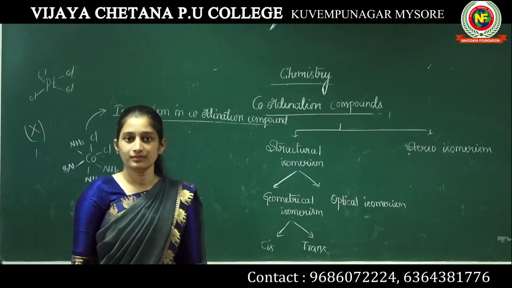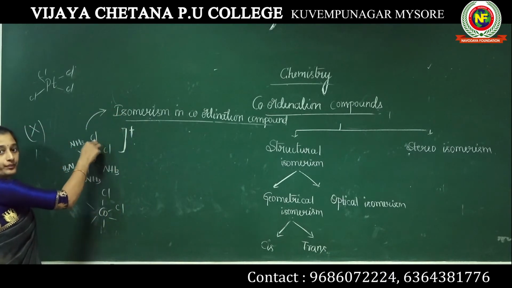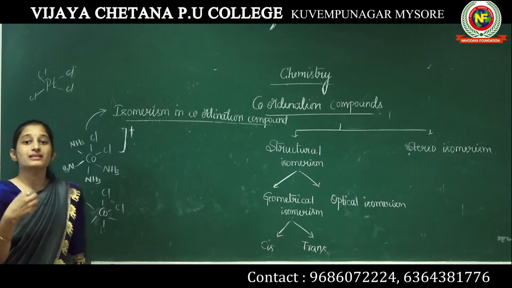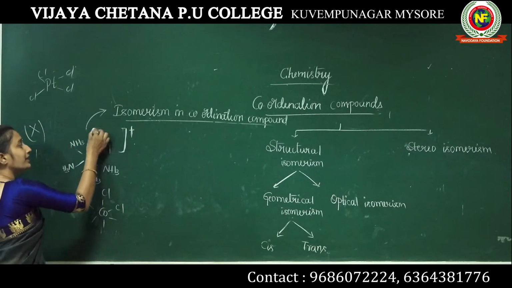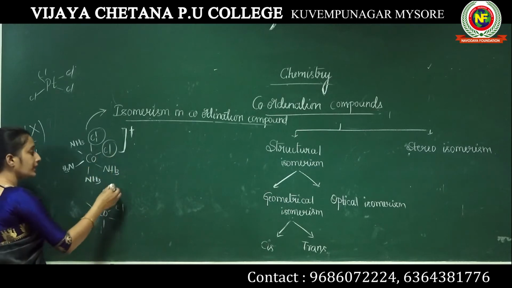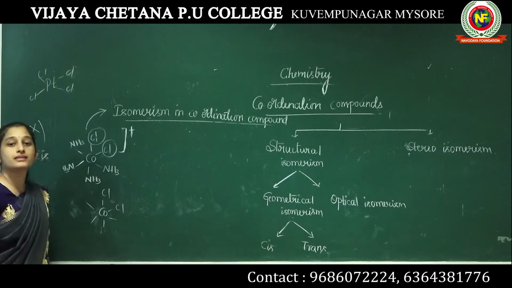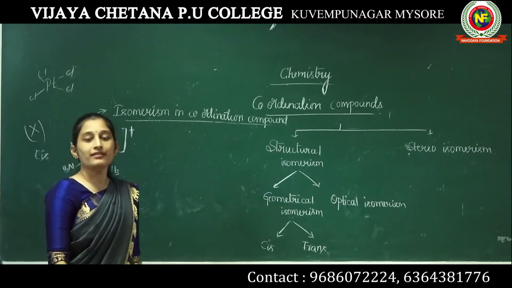The two that differ are Cl. Here two Cls are adjacent. Adjacent means they are very near. Then what type of geometrical isomer is this? This is cis. What do we call it when adjacent? Cis.